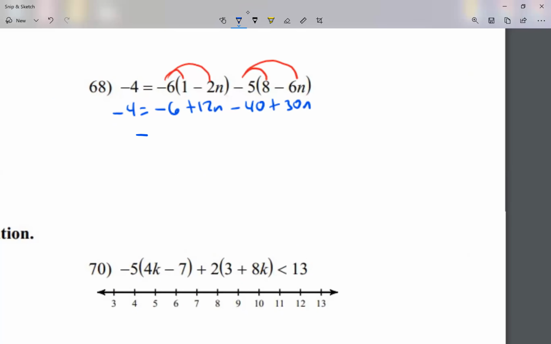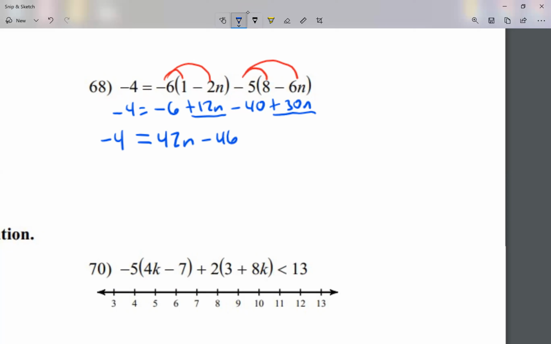Okay, so here's my equal side. On the left side, nothing I can combine. It's just negative 4. On the right side, when I look at my n's, 12 plus 30, that's 42n. Number-wise, negative 6 minus 40, that's a negative 46.